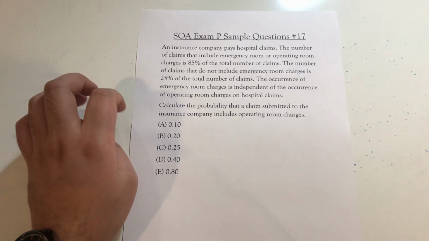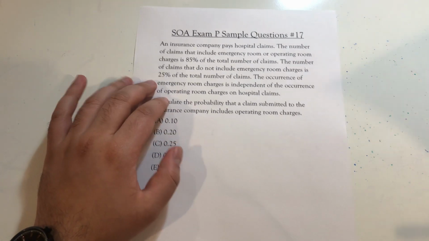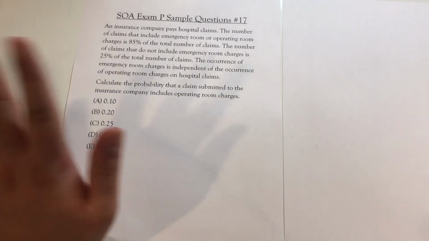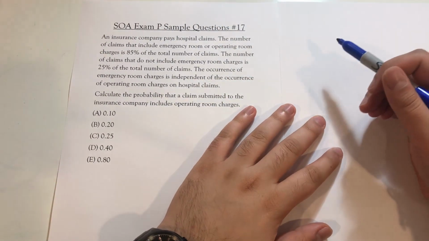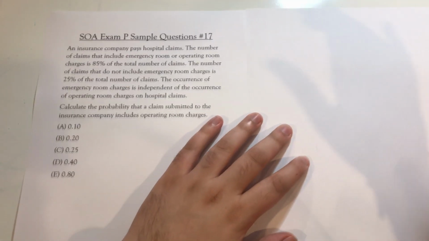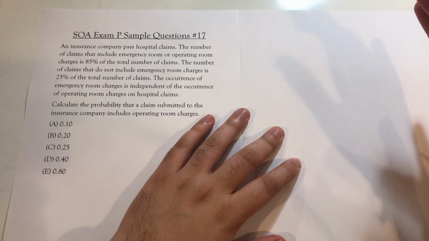Okay, so this is just a fairly simple, general probability type problem. Let's list out what the question gives us. Whenever it gives us a paragraph of stuff, we just want to extract the important pieces of information.